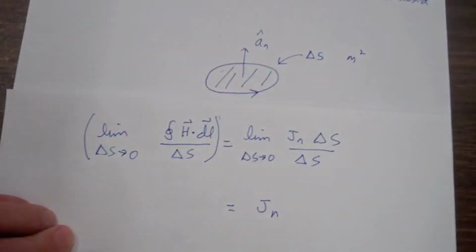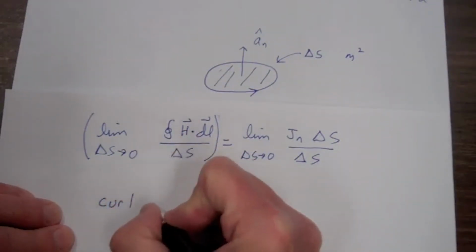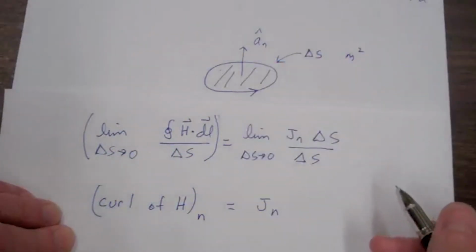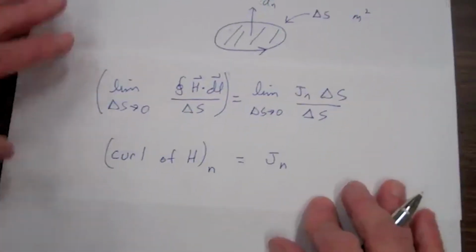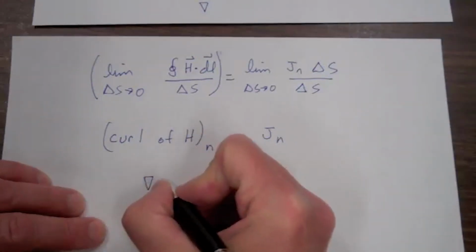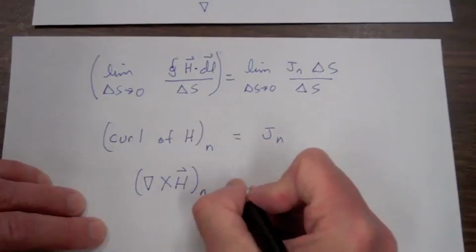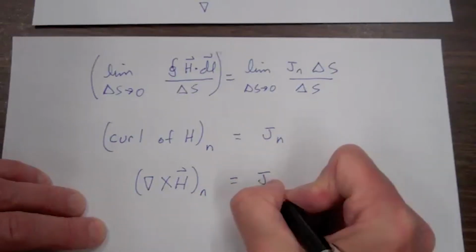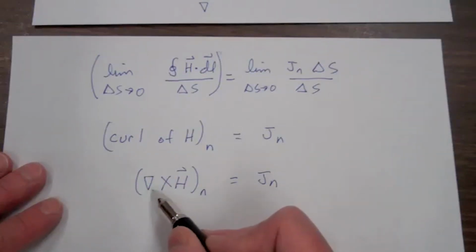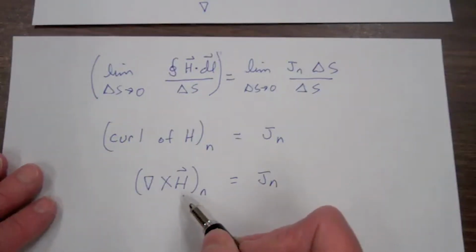The left-hand side becomes the component of the curl of H in the direction of our unit vector A sub n. This operation of curl of vector H is written with this nomenclature, curl of H, so the component in the n direction is equal to J sub n. Later on in part 2, we'll understand this nomenclature of del cross H representing the curl of our vector H.